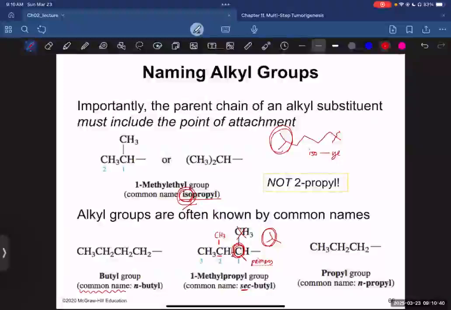So you have to know the difference between sec-butyl and isobutyl, because they're going to definitely have differences with regards to where that methyl group is present.